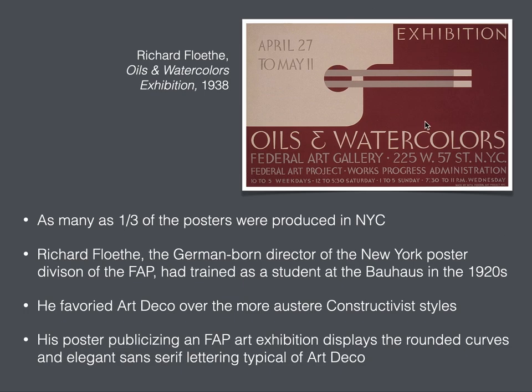And like the majority of the graphic works produced by the FAP, they had a very restricted color palette because of the way these were printed. This was screen printed, or silk screen printed. And the silk screen process was first introduced in New York, which really adapted it to all the different commercial printing techniques.